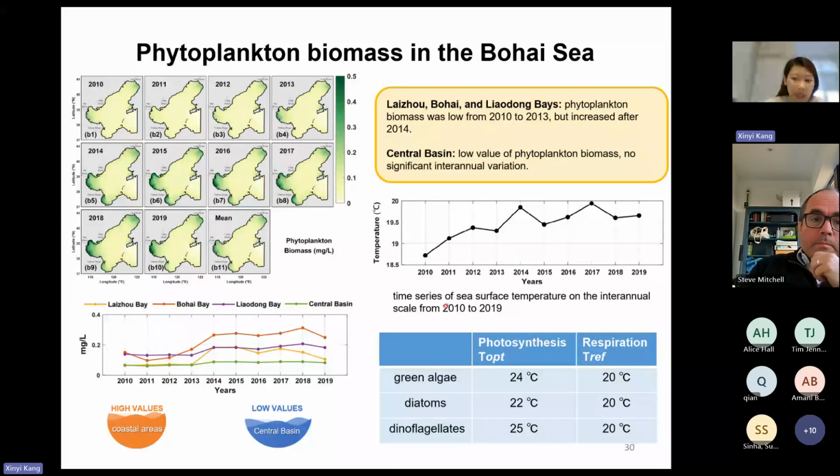So we think the increasing SST could be one reason for the phytoplankton biomass increase after 2014. However, we don't have sufficient observed phytoplankton data for this study, so this is also a study limitation. This is just a hypothesis.